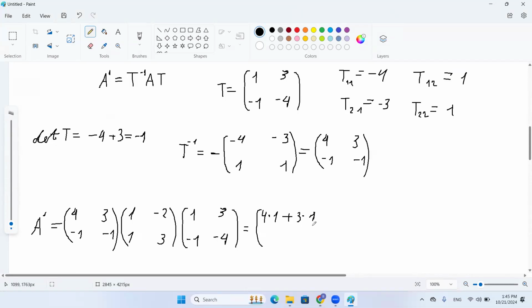Then here 4 by -2 plus 3 by 3. And then -1, and here 2 minus 3. And don't lose this matrix.